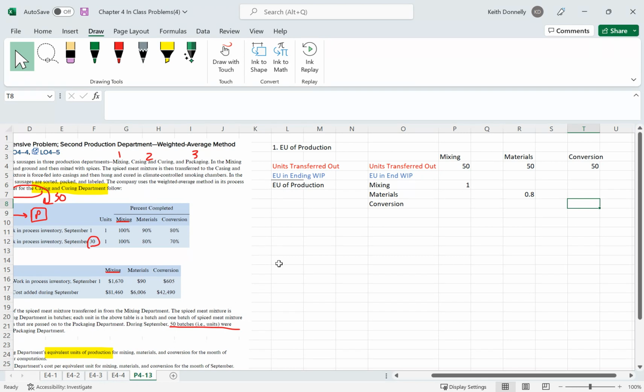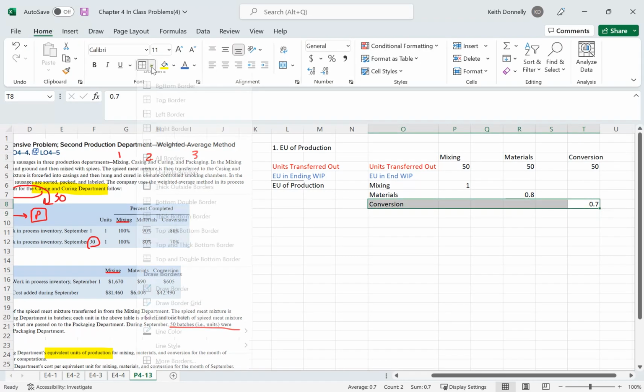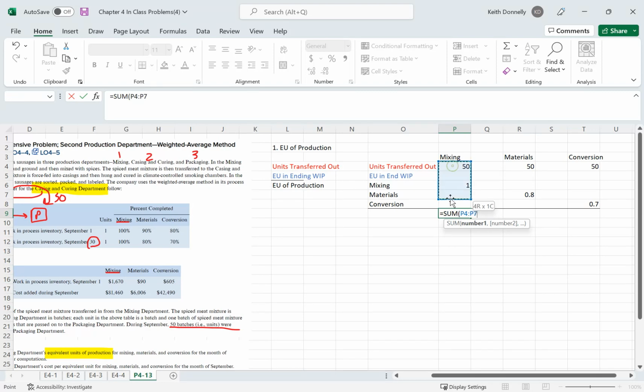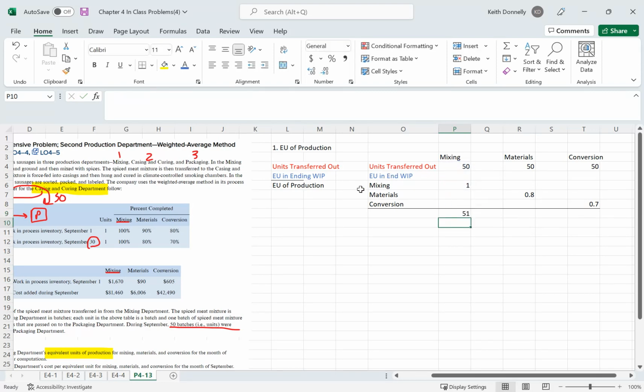And with regard to conversion costs, it looks like we're 70% complete. And all of this is of 1 unit: 100% complete of 1 unit, 80% complete of 1 unit, 70% complete of 1 unit. So what we now have to do in this case, put that bottom border there, is just add these up. We're just basically following an elongated version of that formula.